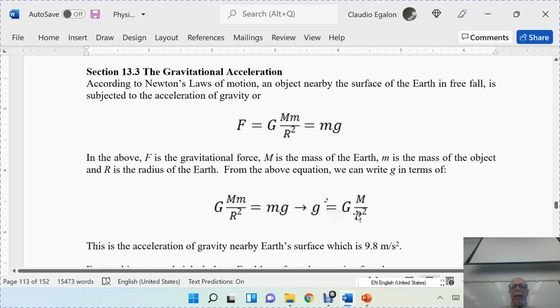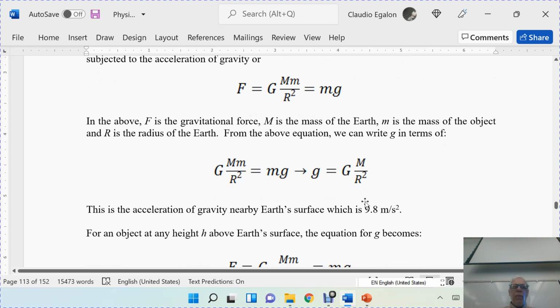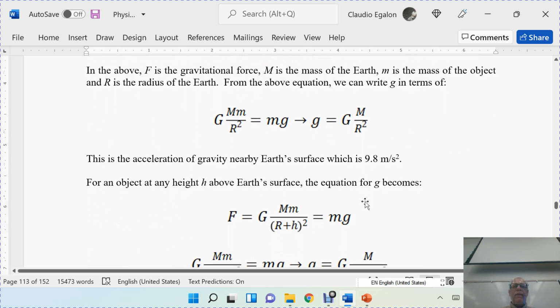If you do the math, you get 9.8 meters per second squared using the radius of the Earth and the mass of the Earth. If you want to know the variation of the acceleration of gravity with the height, you can replace the R here with R plus h, where h is the height above the surface of the Earth.